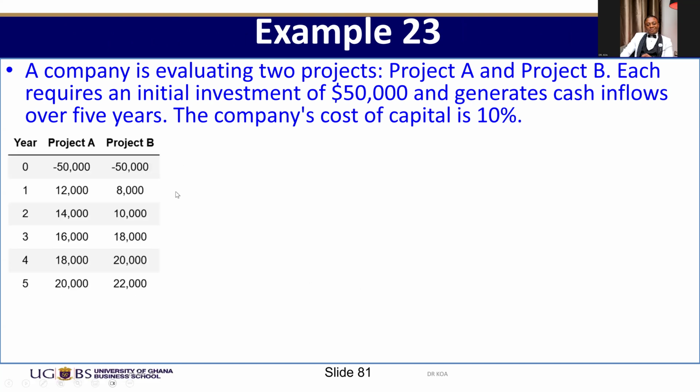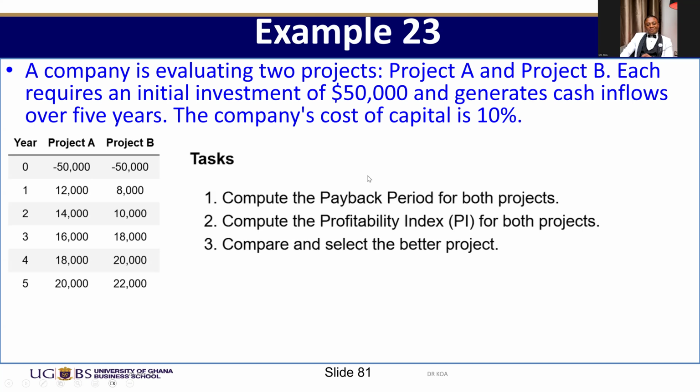You can see that at the beginning, each project is costing 50,000. That is why it's negative. Compute the payback period for Project A and for Project B, find the profitability index, and compare and select the better one.